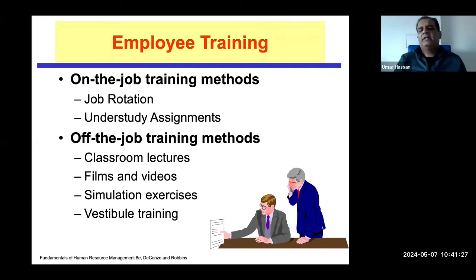Off-the-job training methods include classroom lectures, showing videos and films, and simulation exercises, very good. Now, simulation exercises are something very interesting because it is like playing a role. When pilots train, obviously they cannot be given a plane right away.